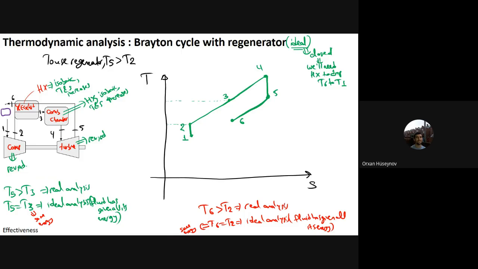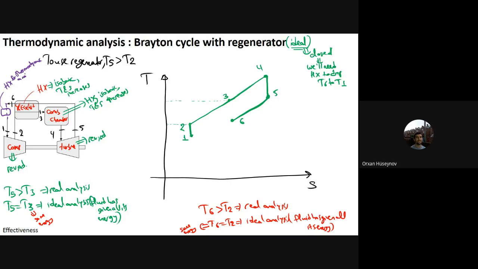This outlet is diverted as the inlet at 1. Erase this part. Okay. And this outlet, which is at 6, is diverted to the inlet. And this is the additional heat exchanger. Okay, so this one is for the thermodynamic analysis.